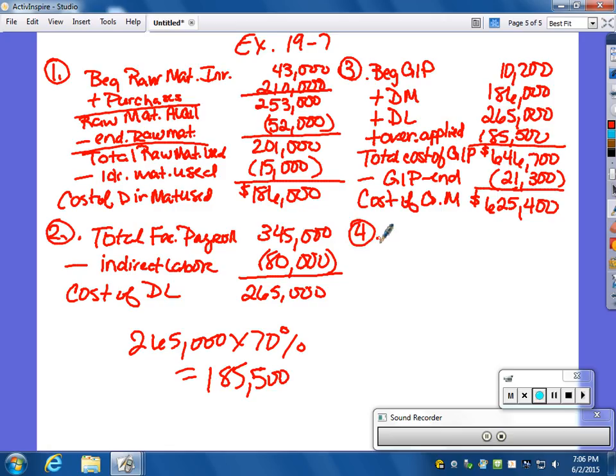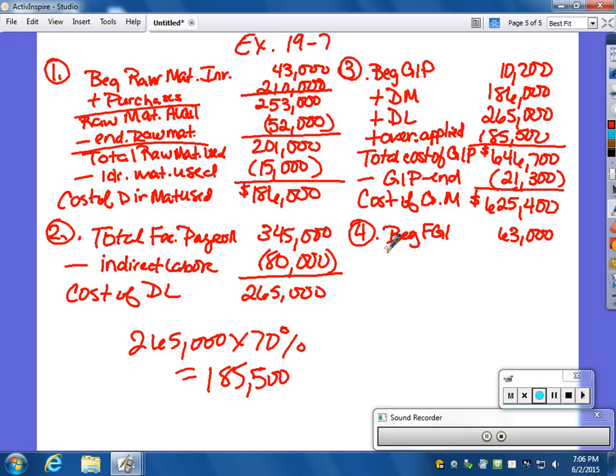What do we have to do to get cost of goods sold? Beginning finished goods inventory, which is how much? Beginning finished goods is 63,000. Where did you find the 63,000? Under April 30th.